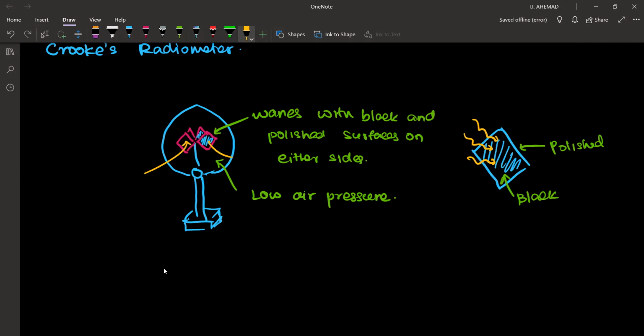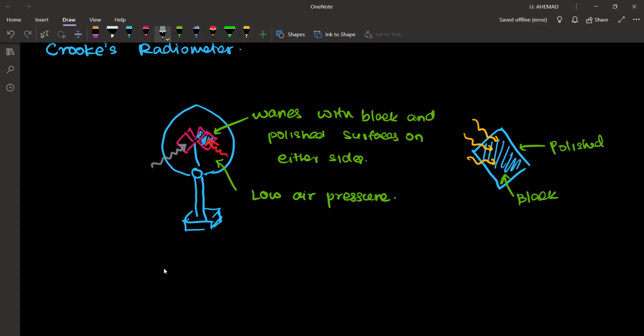At the same time, it is incident on a black surface and also on a polished surface. So both of them have an equal chance to rotate in a certain direction. But the black color will absorb more heat. It is going to absorb more energy due to radiation than the polished surface.